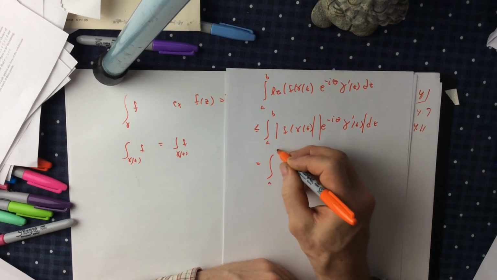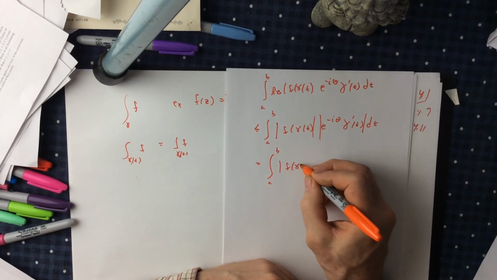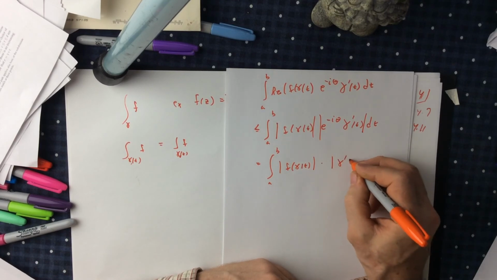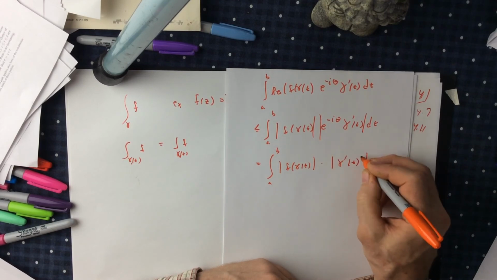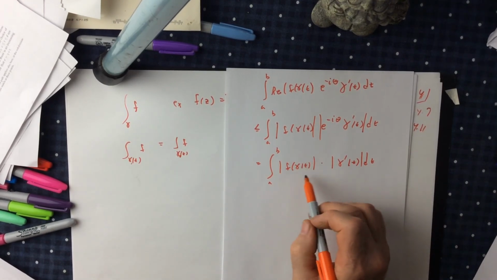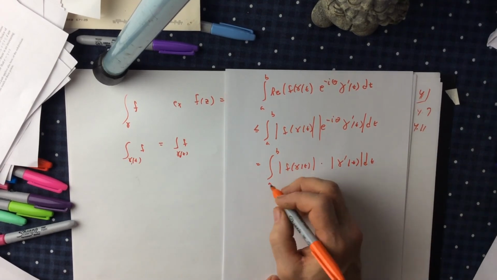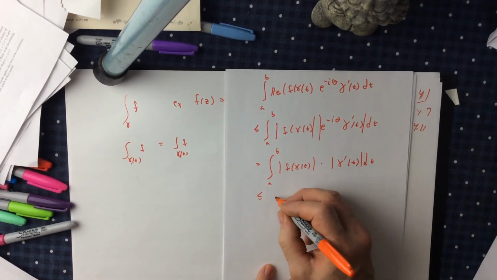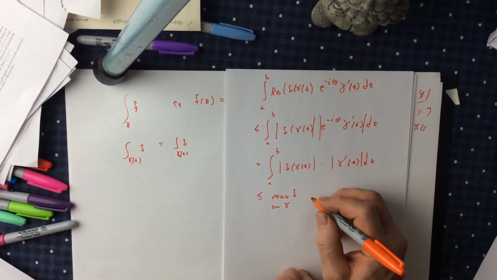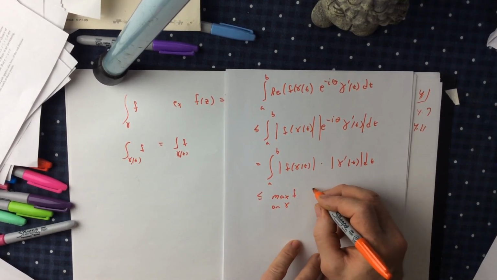And so that e to the minus i theta goes away. Now, the integral over the modulus of something, I can bound that by the max of the function on gamma, because that's a real statement.